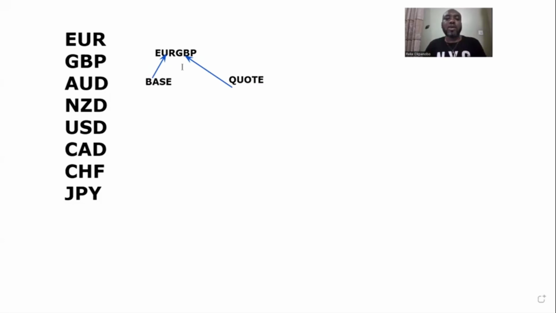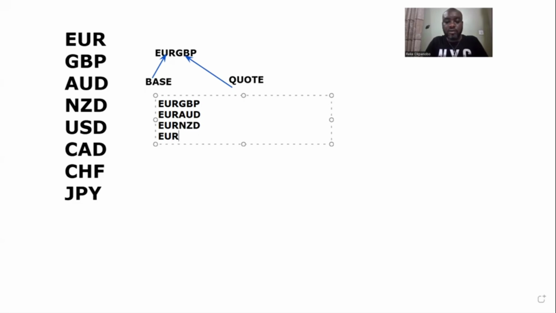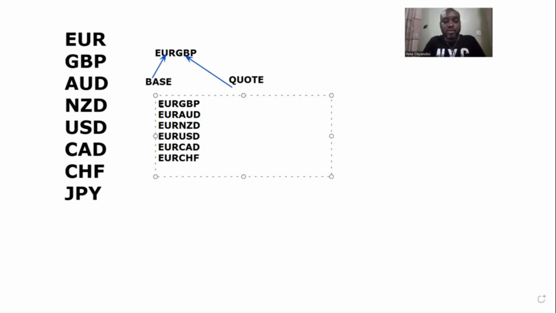So now let me show you what that means. For euro, you have euro GBP, euro AUD, euro NZD, euro USD, euro CAD, euro CHF, euro JPY.